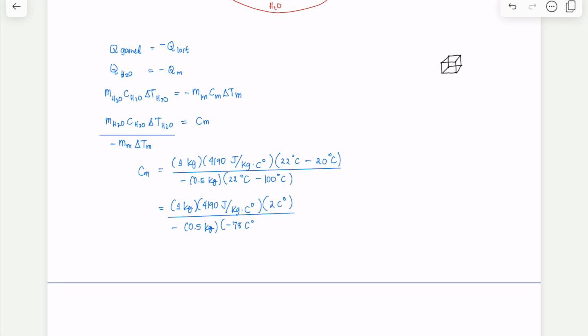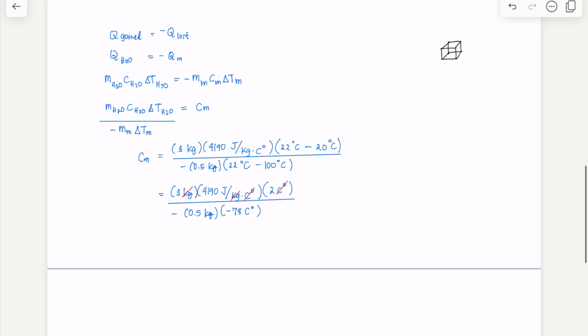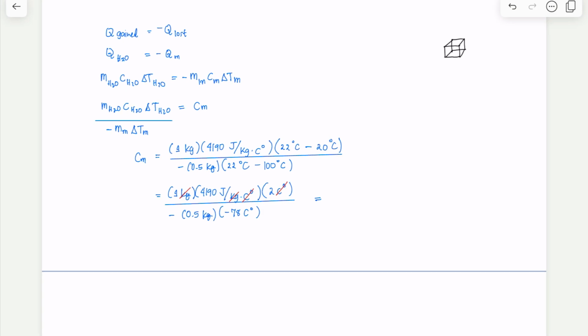Negative 78 Celsius degree. Okay, so from the units above, the Celsius degree would cancel out from the numerators. And then also the kilogram would cancel out here and here. So what we are left with is this one. If you calculate the top portion, that will give you 8,380. That unit would be joules. And then the bottom part would be half of 78.